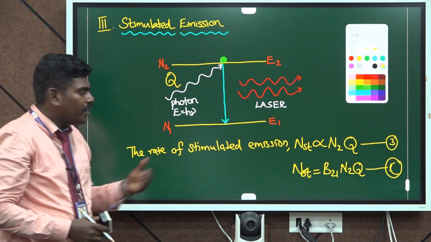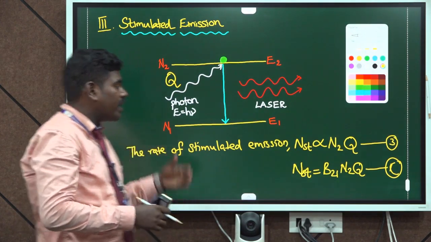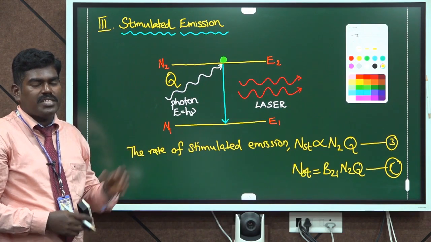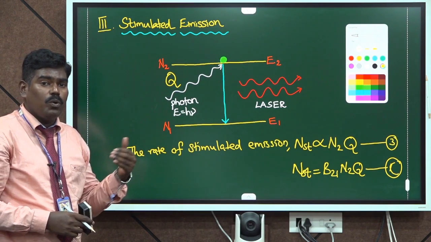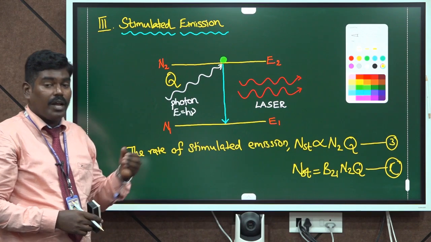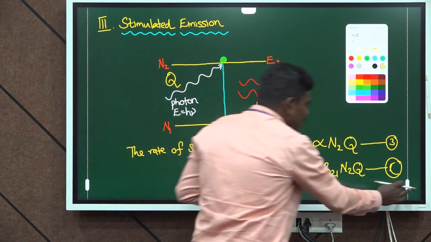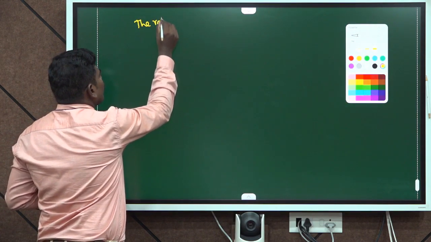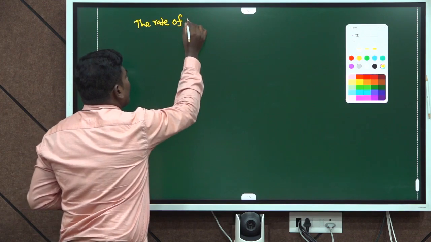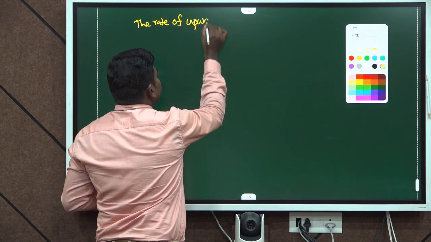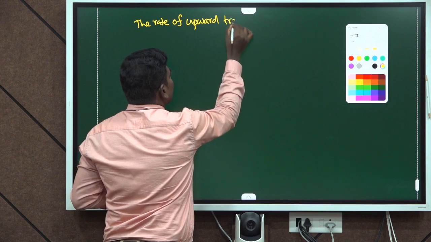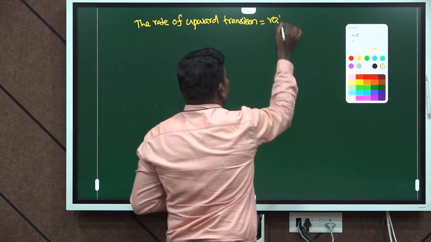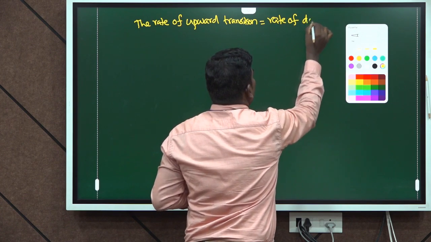Under the thermal equilibrium condition, the upward transition is equal to the downward transition. The upward transition is only for stimulated absorption; the other two processes are downward transitions. Under the thermal equilibrium condition, the rate of upward transition equals the rate of downward transition.